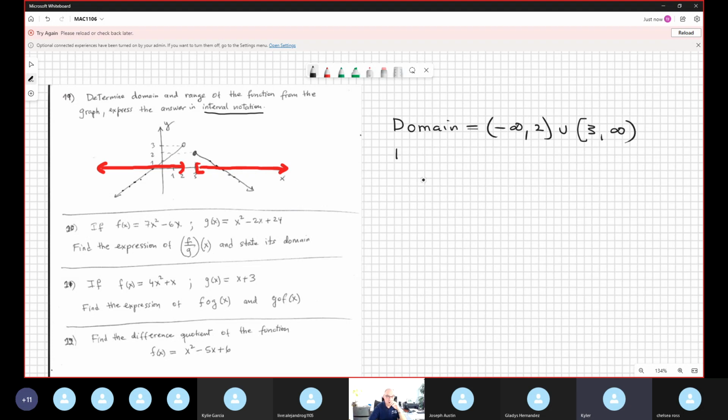Now let's move to the range. It's the same idea, but using the y value. You're projecting the function onto the y axis. I can see that we have y values here onto this. Because in 4, 5, 6, no y.